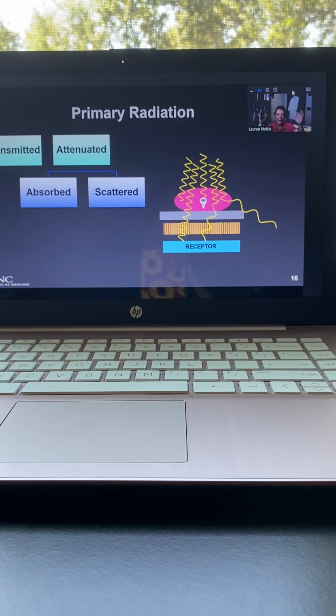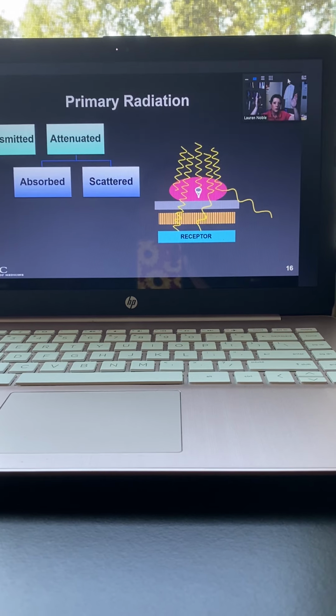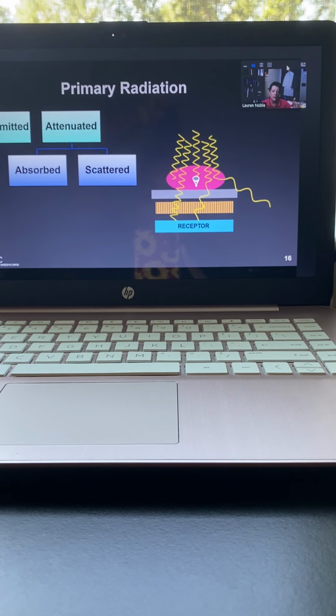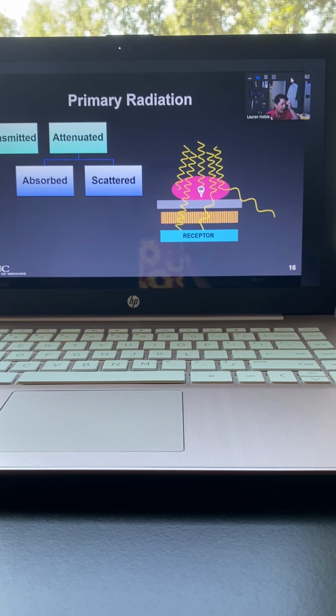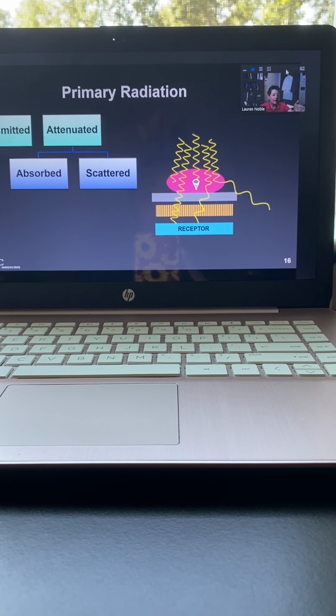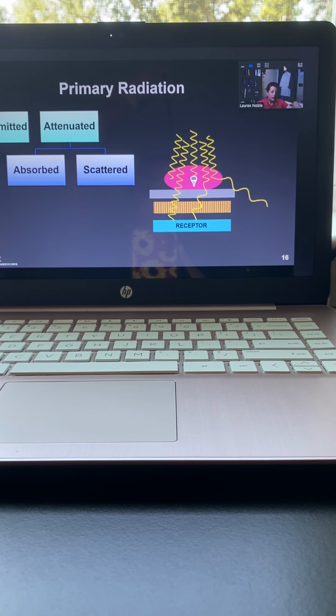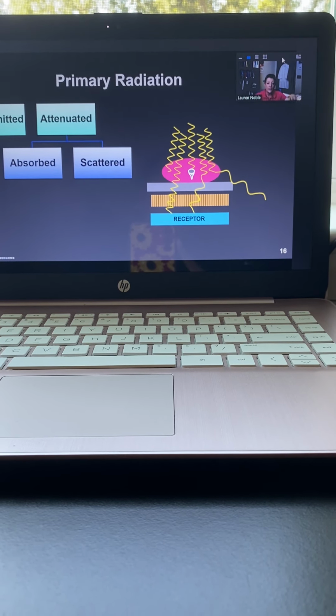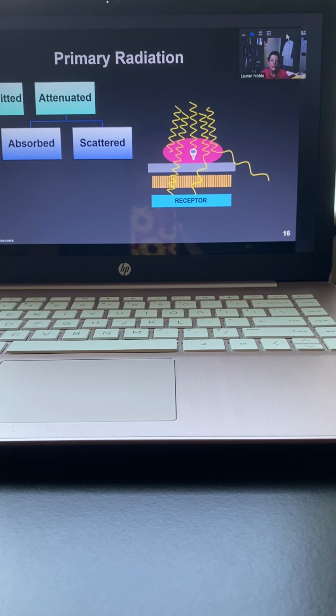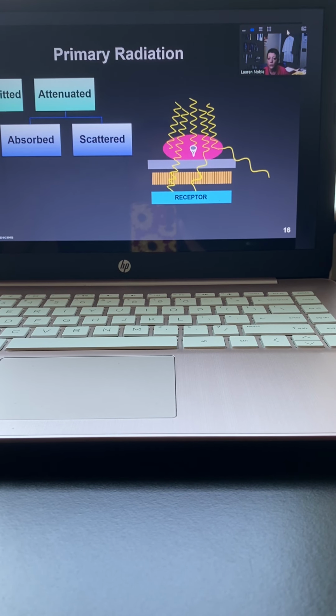So that light field corresponds to the size of your X-ray beam, to the dimensions of your X-ray beam. So if you have a receptor, but you've got your X-ray beam open wider than that receptor, you can end up with some X-rays interacting with the table, and the tabletop can scatter X-ray photons too.